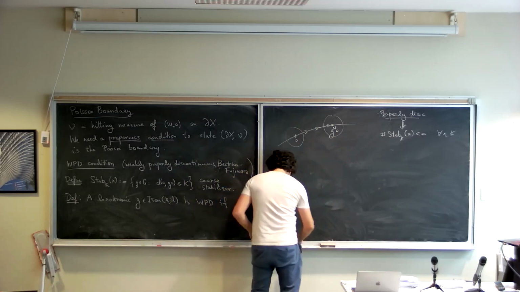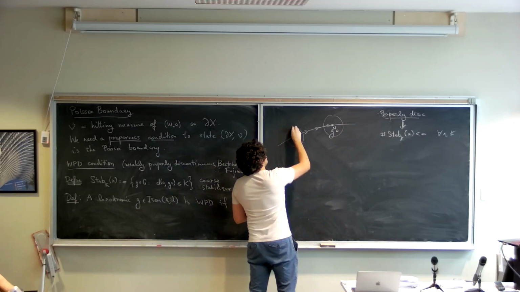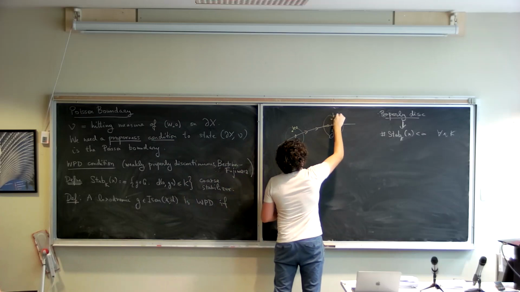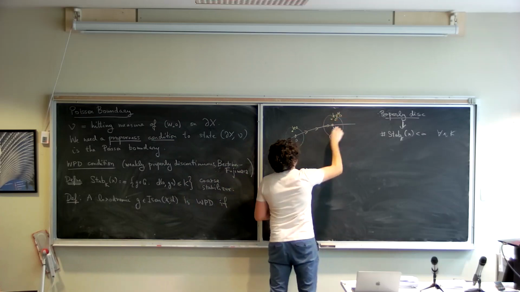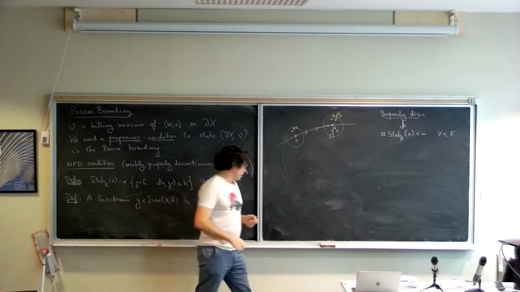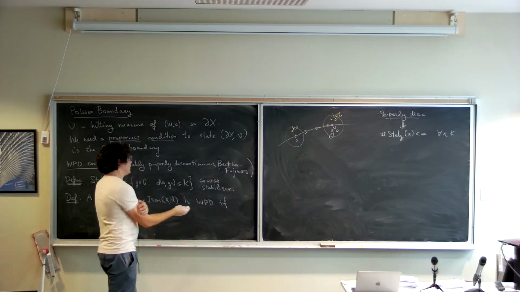But we want to say, okay, suppose there is an element that moves O not too much, and it also moves g^n O not too much. Is it possible? And WPD tells you that this is only possible for finitely many cases.